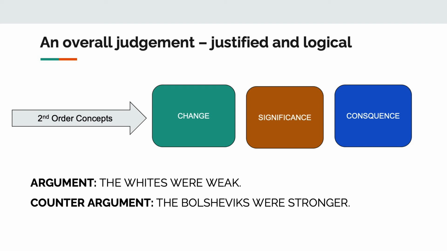Well, once again, I go back to my old friends, second order concepts like change, significance, and consequence. You can essentially apply these types of concepts in order to show that one argument is stronger than the other. And just as a reminder, the argument that the historian makes is that the whites were weak. The counter-argument was the Bolsheviks were stronger.